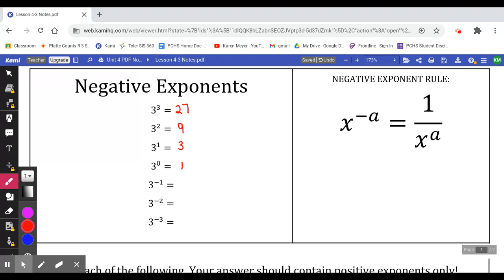So hopefully everybody's been okay with typing those in so far. And hopefully everybody notices that if I just took 27 and divided it by 3, I get 9. And if I take 9 and divide it by 3, I get 3. And 3 divided by 3 is 1.